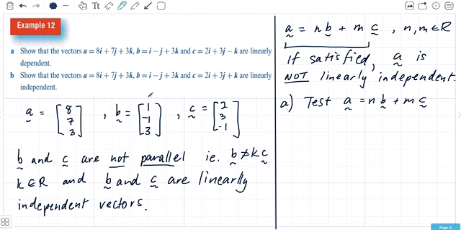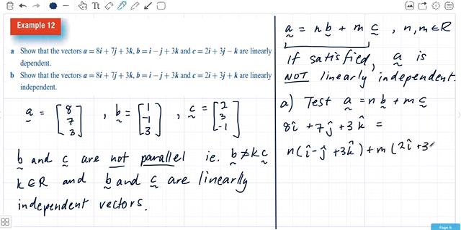So we've got A, which is 8i plus 7j plus 3k, equals n times B, where B is all of this vector, i minus j plus 3k, and m times C, where C is all of this vector, 2i plus 3j minus k.